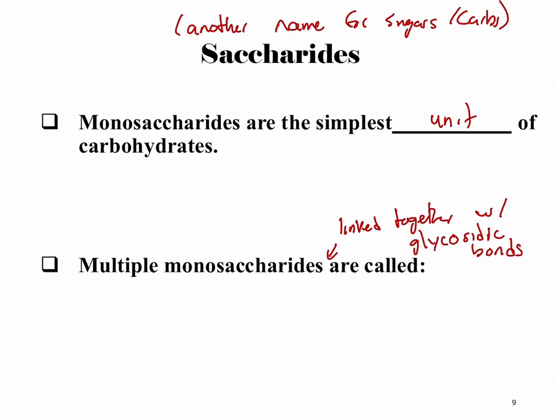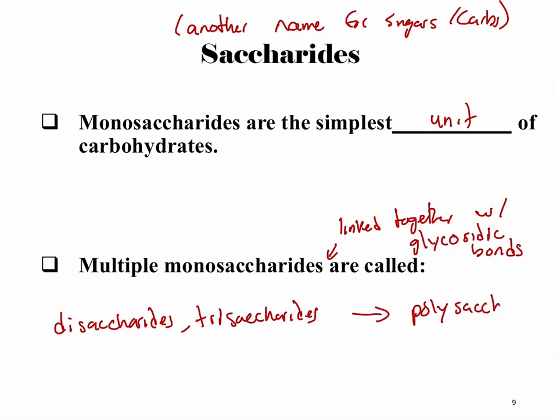These usually become other forms of sugars or carbohydrates. We have multiples linked together, so they're called mono, then we have disaccharides, trisaccharides, and then anything after that we usually just call a polysaccharide.